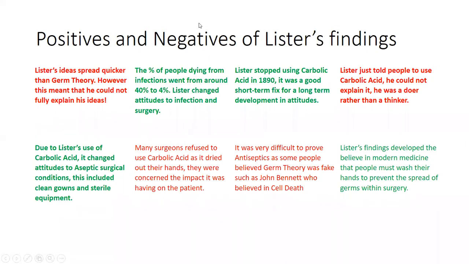I'm not sure. What it was down to was a change in attitudes. More surgeons, if I'm going to be more specific, were being aseptic in their approach to operations, which means germs not getting into the operating theatre.